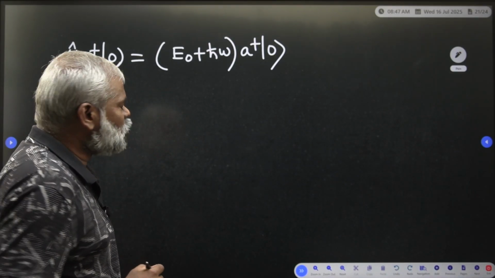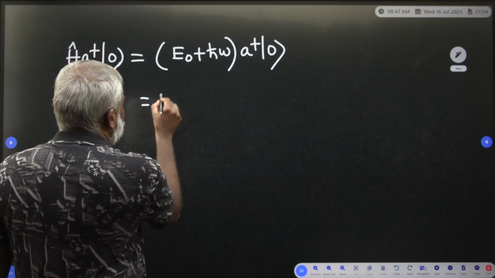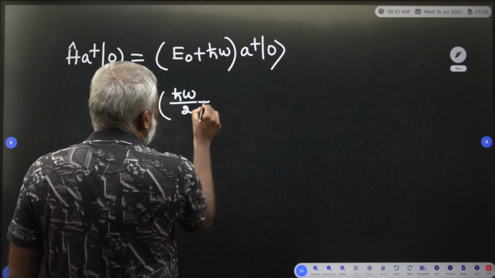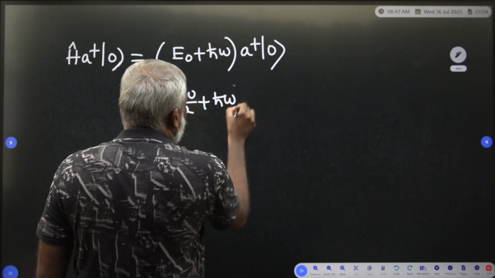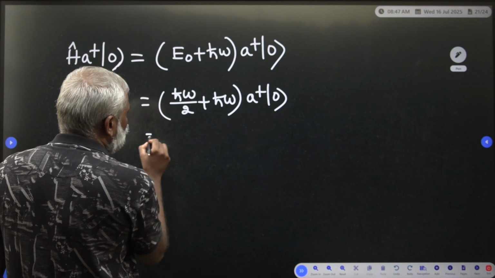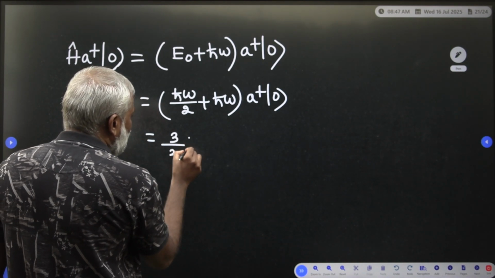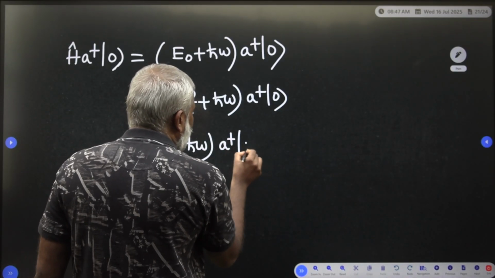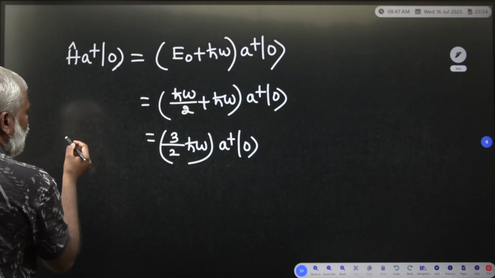So E0 is equal to H cut omega divided by 2, and adding H cut omega, you get 3 by 2 H cut omega times A dagger ket 0. Clear.